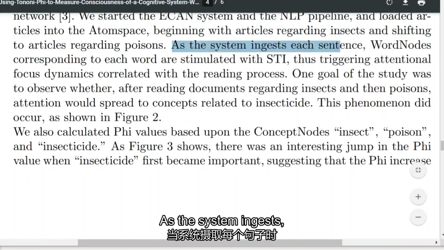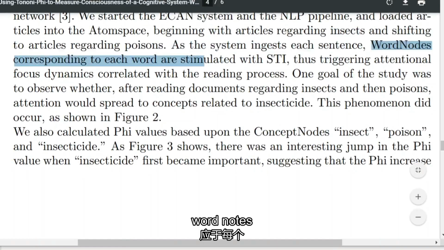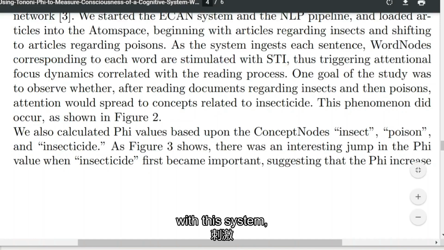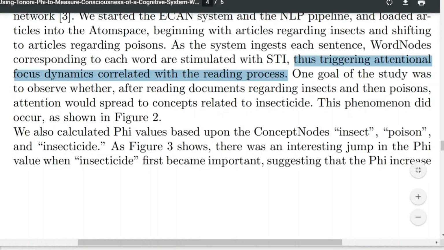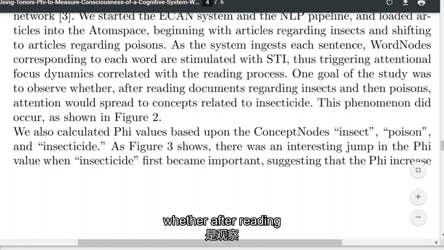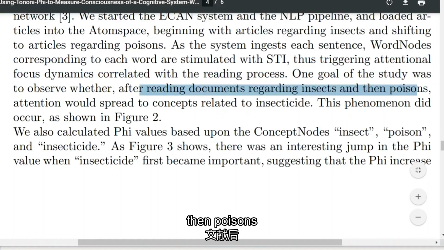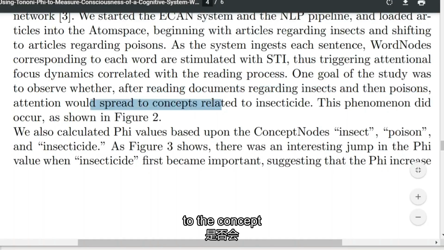As the system ingests each sentence, word nodes corresponding to each word are stimulated with this system, thus triggering attentional focus dynamics correlated with the reading process. One goal of the study was to observe whether after reading documents regarding insects, then poisons, attention would spread to the concept related to insecticide.